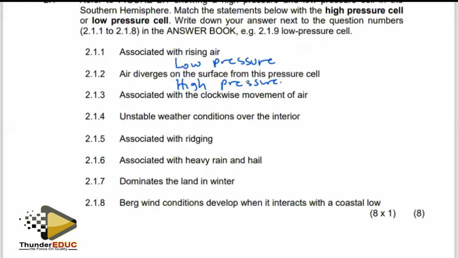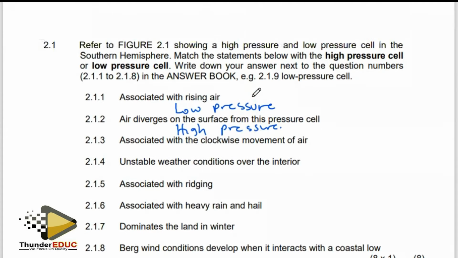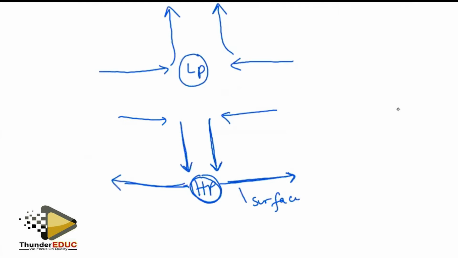2.1.3, associated with clockwise movement of air. Don't forget they said these pressure cells are situated in the southern hemisphere. All right. So which one between the low pressure cell and the high pressure cells move in a clockwise direction? Go back to our blank page to try to illustrate.